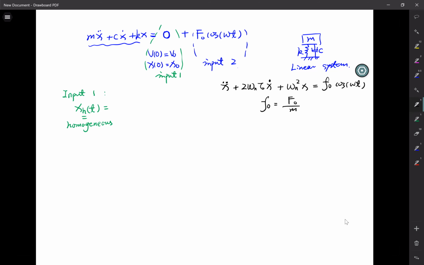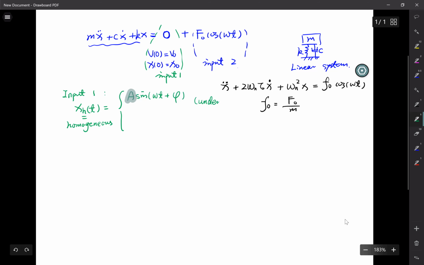All right. So previously we learned that the homogeneous solution has 3 different formats. The first one is A e to the minus zeta omega n t times sine of omega t plus phi. Sorry, I forgot the exponential term. That's your underdamped condition.